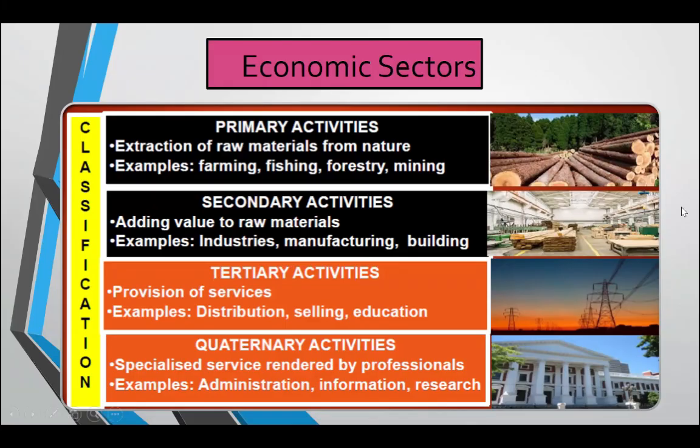Examples are industry, manufacturing, and building. That's the secondary sector. Then tertiary activities is provision of services. Examples are distribution, selling, education, health, finance. And then quaternary simply refers to research or high technology.